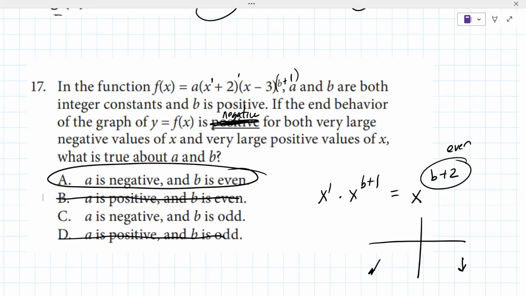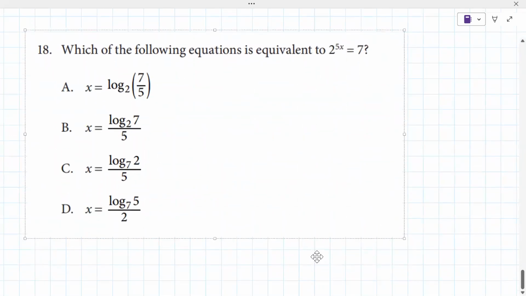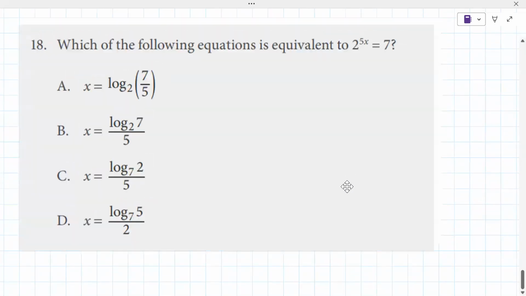18 and 19. Okay. Which of the following equations is equivalent to 2 to the 5x equals 7? So what I have to do here is give you a reference problem. So let's take something more simplistic.